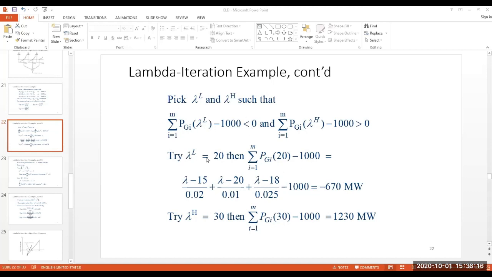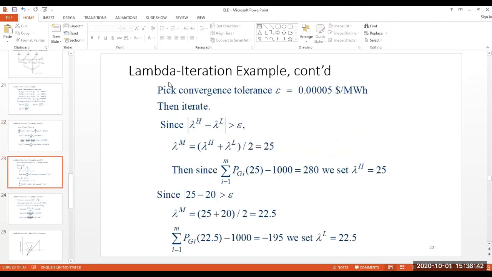So 20 satisfies this. We take it. We try lambda H, some higher value, 30. With lambda H equal to 30, our condition is satisfied, the value is greater than 0 because it is positive. So now we have got lambda L and lambda H, and we start our iteration.